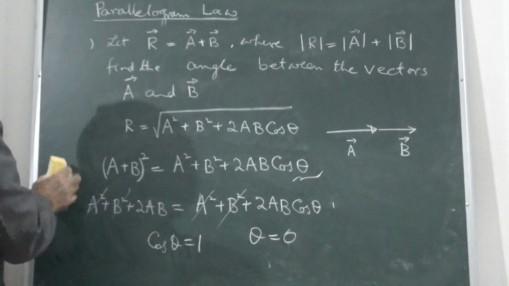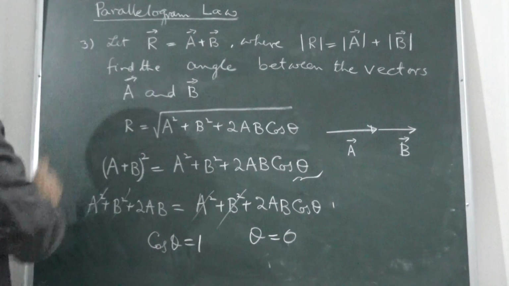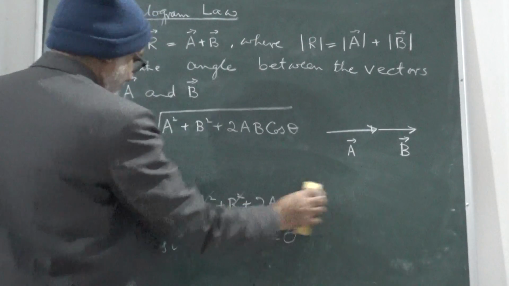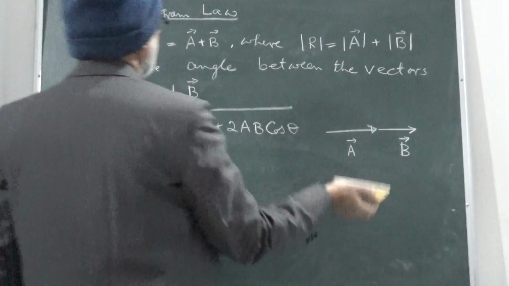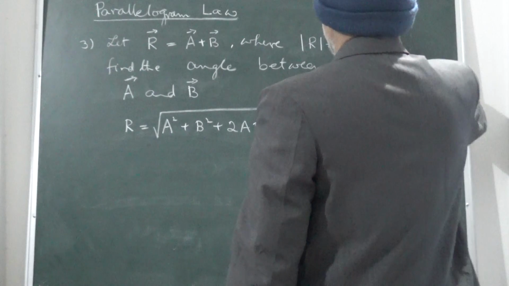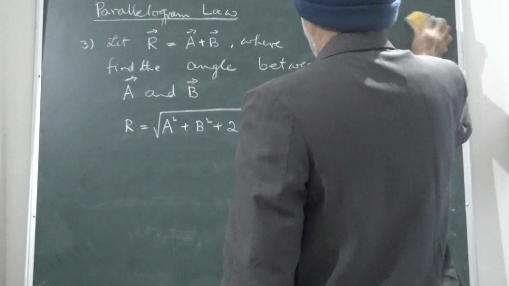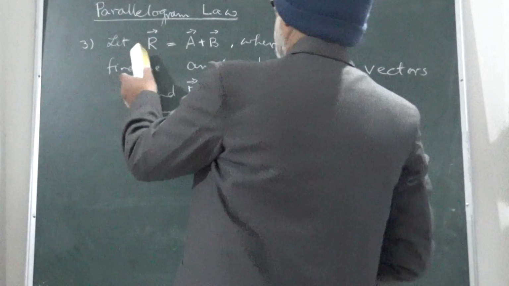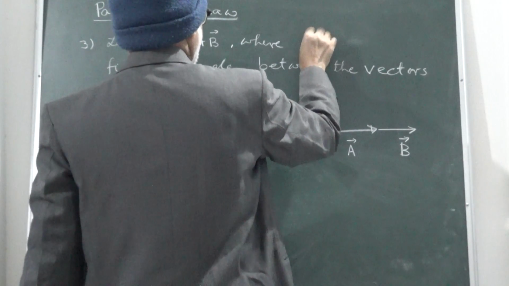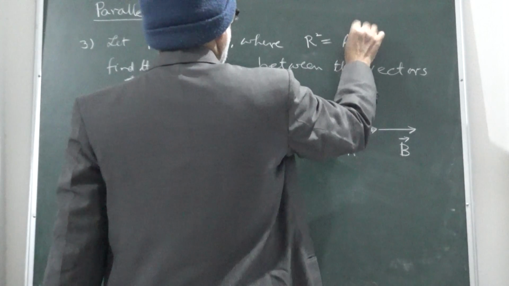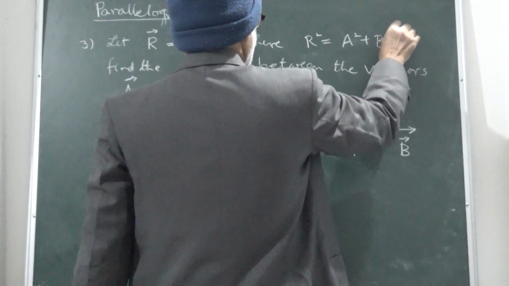Now the third problem. Suppose the vectors R is equal to A plus B, where R square is equal to A square plus B square.